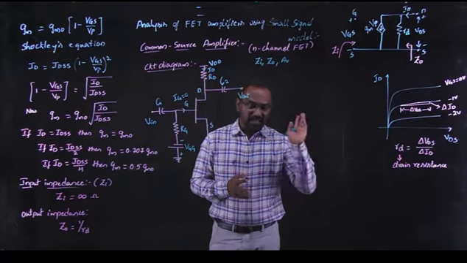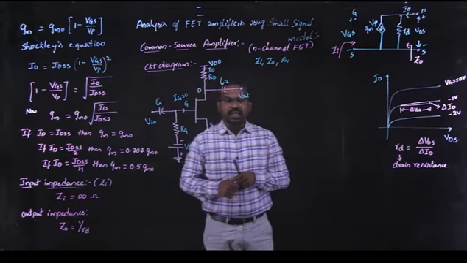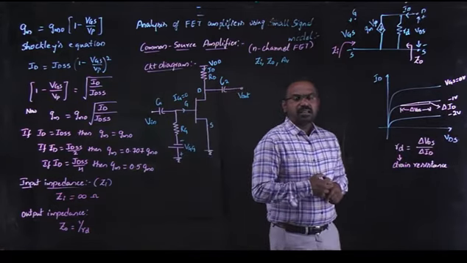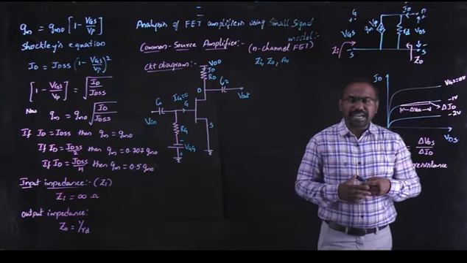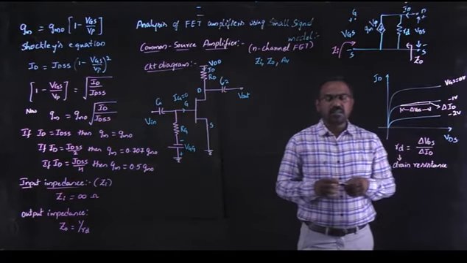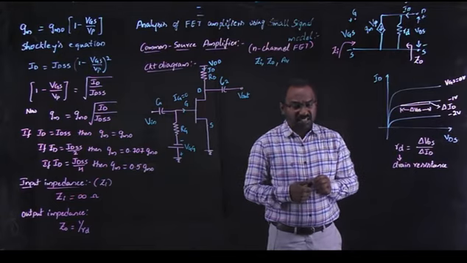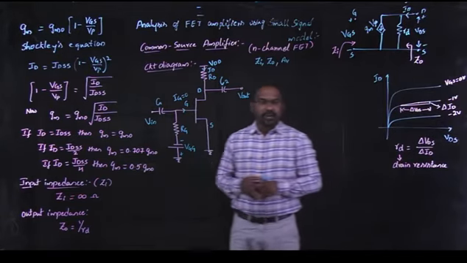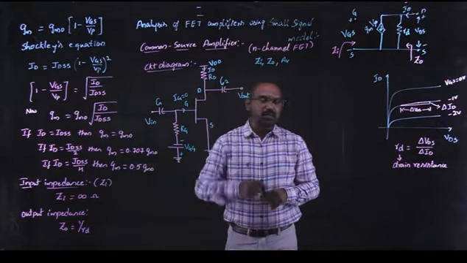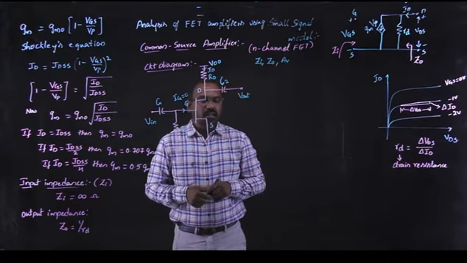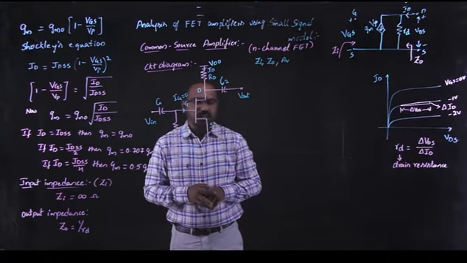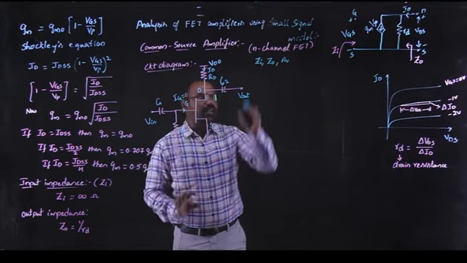But in case of BJT, the output current IC is affected by VBE, beta as well as ICO, the reverse saturation current. They change with temperature, but here we are not having that problem.